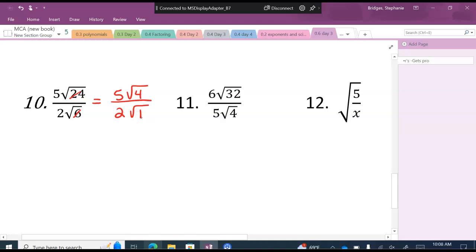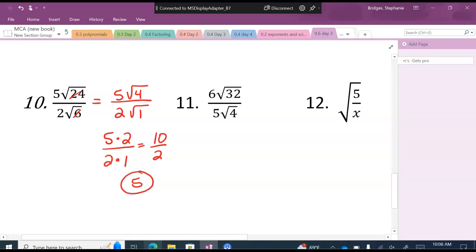Well, not only did that give me some smaller numbers, what do we know about 4 and 1? They're both perfect squares, so we can continue to simplify. 5 times what is the square root of 4? 2. Over 2 times what's the square root of 1? 1. Which is going to give me 10 over 2, which reduces to 5.